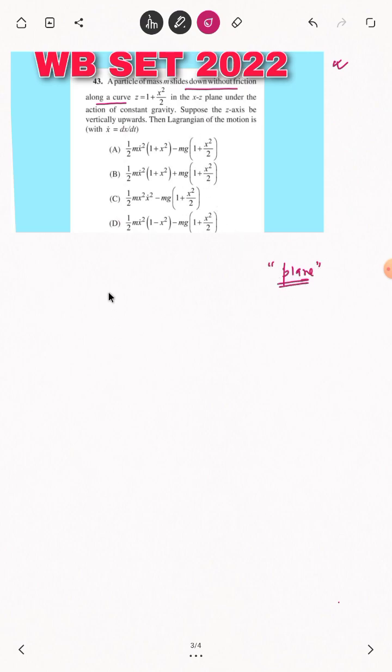In the xz plane, under the action of constant gravity, so mg is spoken about. Suppose the z axis is vertically upwards. This is important. Here they have given the z axis as vertically upwards. So in the xz plane, this is obviously x and this is z.